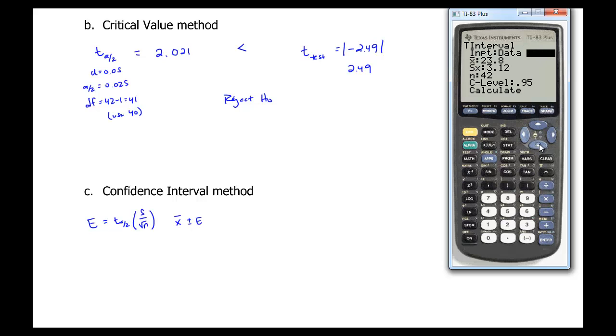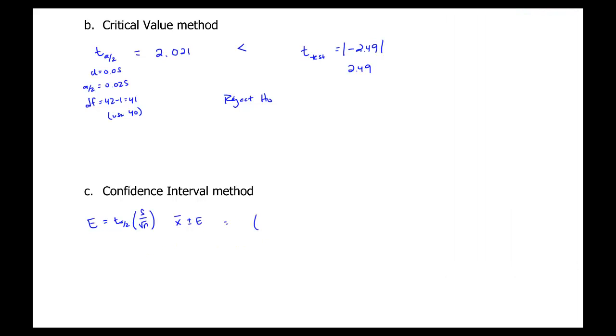We have stats provided in the problem, sample mean, sample standard deviation, sample size, a confidence level. Alpha was 0.05, so we're using 0.95 for our confidence interval level, and calculate. And 22.828 to 24.772. So there's our confidence interval.